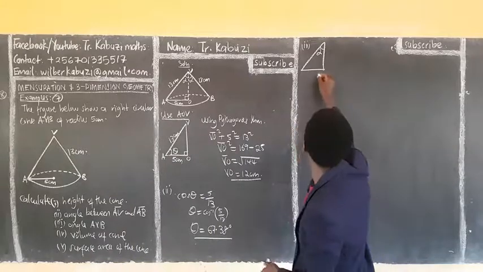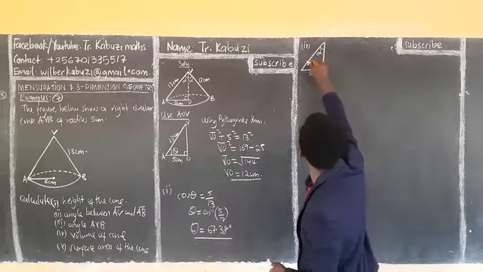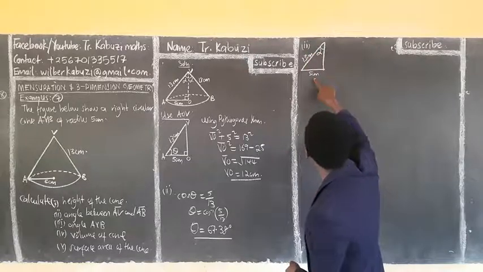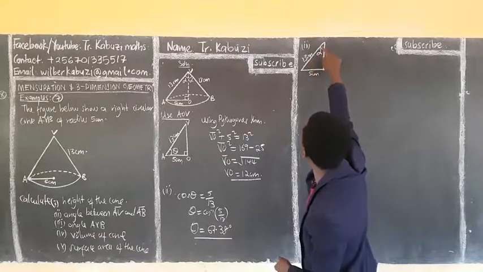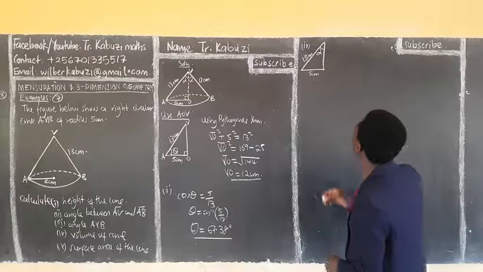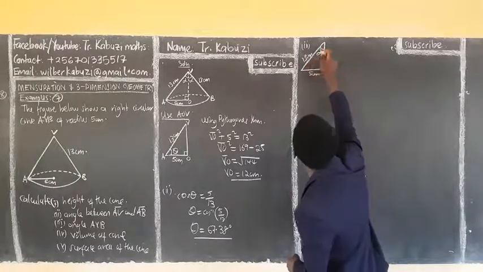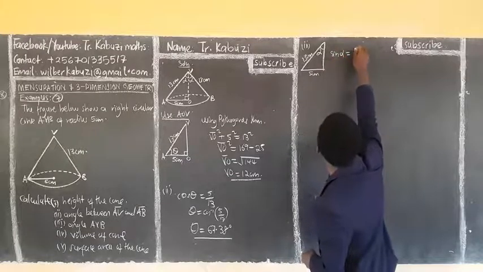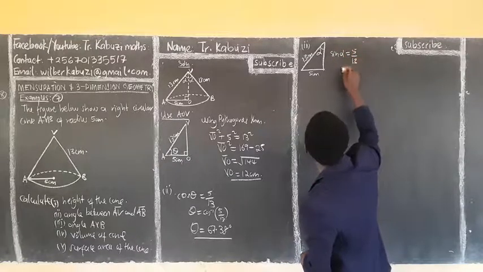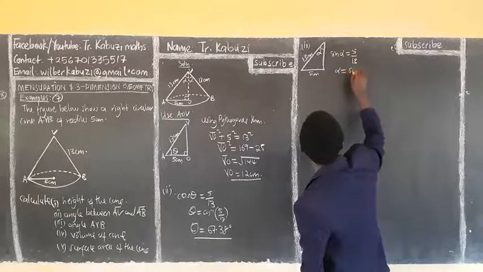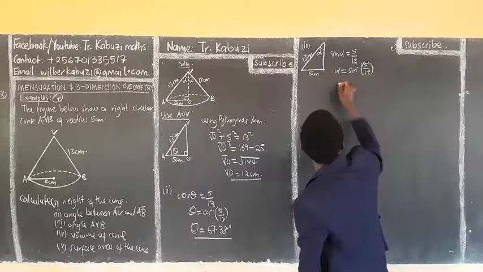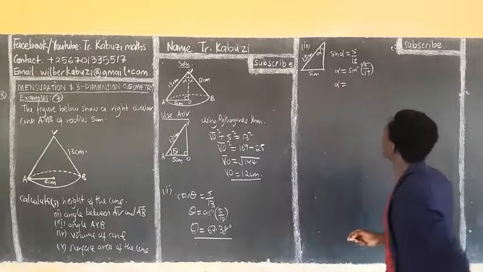Anyway, let me call this 5 centimeters, and this one is 13 centimeters. So, if I want this angle, this is the opposite, this is the hypotenuse in relation to this angle. So if I have the opposite and the hypotenuse, I can use sine alpha will be the opposite over the hypotenuse, and now my alpha will be sine inverse of 5 over 13.